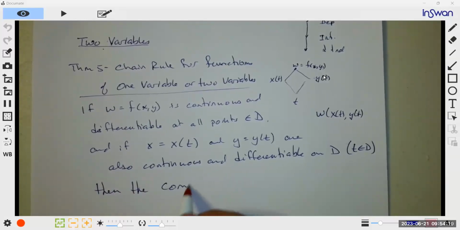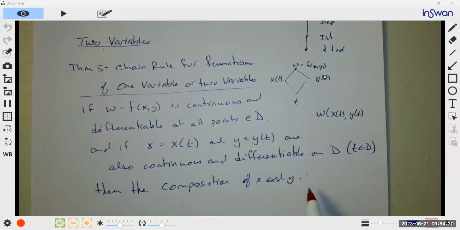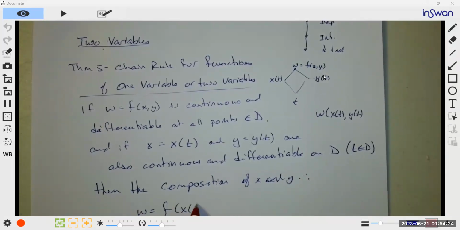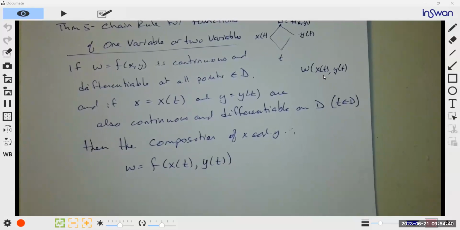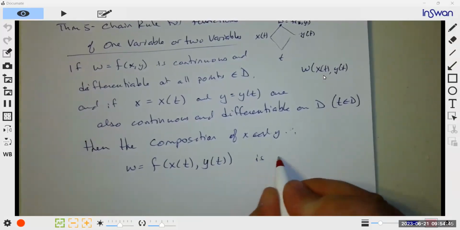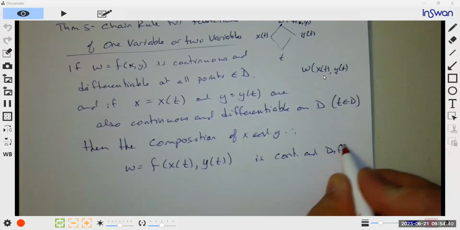Then the composition of x and y becomes w equals f of x of t, y of t, which is continuous and differentiable.